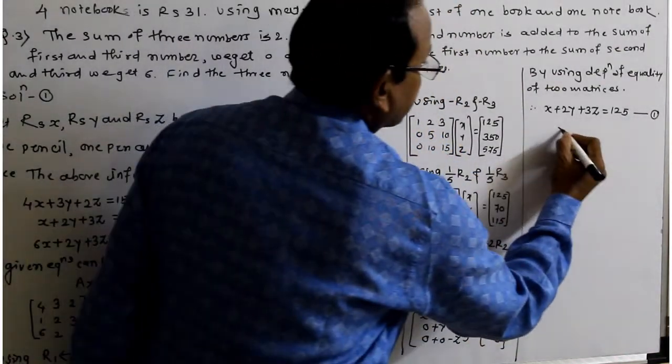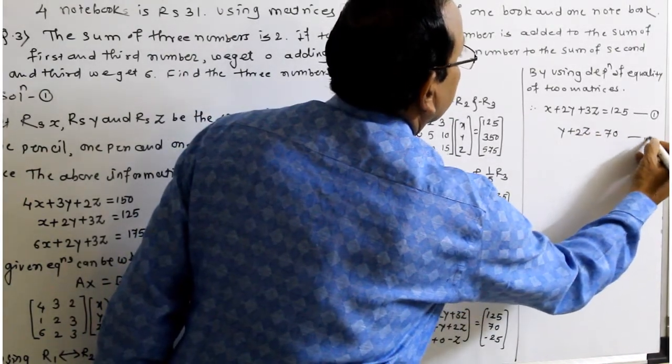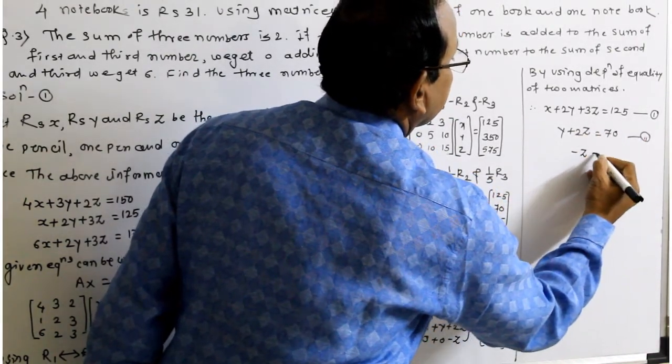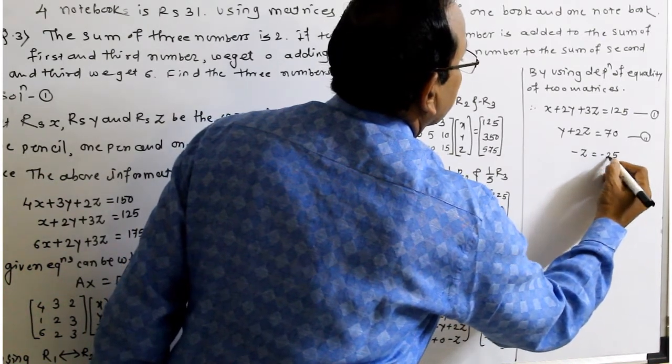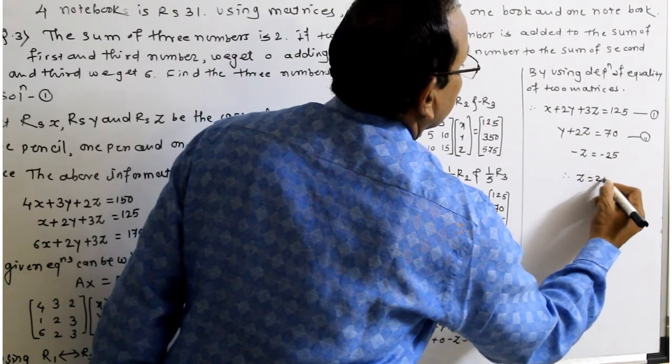The second equation is y plus 2z is 70, number 2 here. And minus z is equal to minus 25. So therefore z is equal to 25.